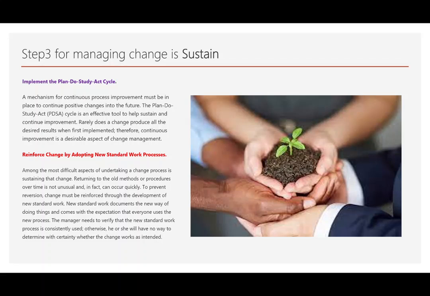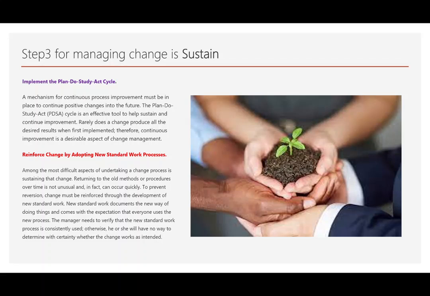The plan, do, study, act cycle is an effective tool to help sustain and continue improvement. Rarely does a change produce all the desired results when first implemented. Therefore, continuous improvement is a desirable aspect of change management.